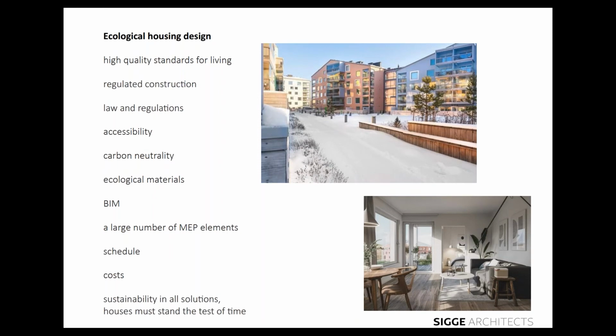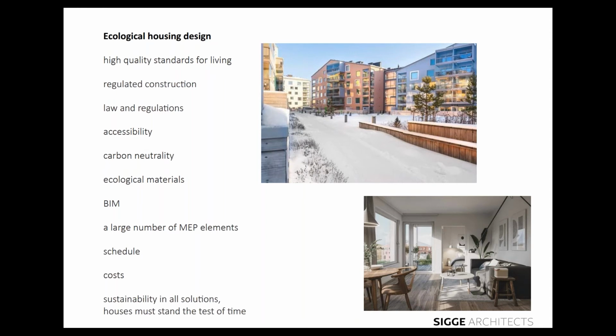We have laws and regulations regarding ecology, accessibility, dimensions, and materials. In addition to that, we have high quality standards for living and a comfortable environment. From the beginning of this project it was clear that the block aims to be as carbon neutral as possible.